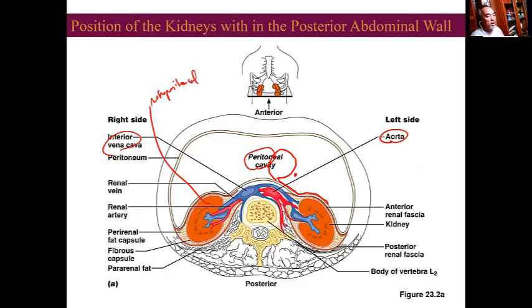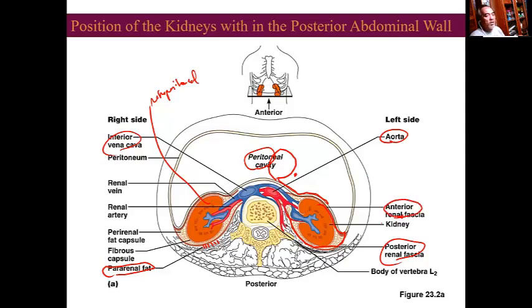First of all, we have a lot of fat outside the kidney. Those are what we call the pararenal fat. Now, the fascia is a covering from the posterior and the anterior. So we call it the posterior renal fascia, and the covering anterior to that is called the anterior renal fascia.